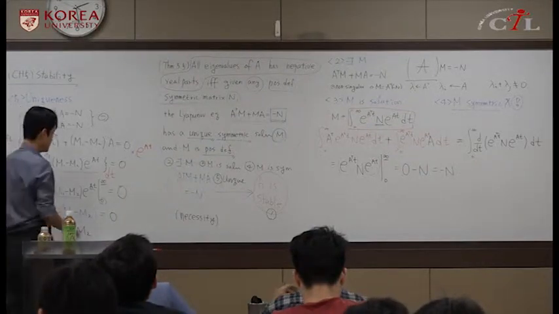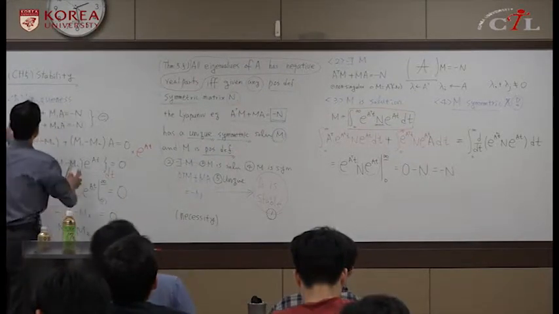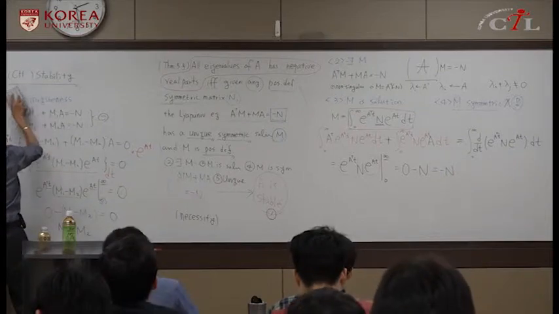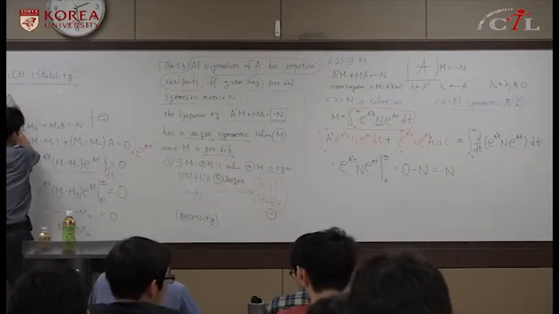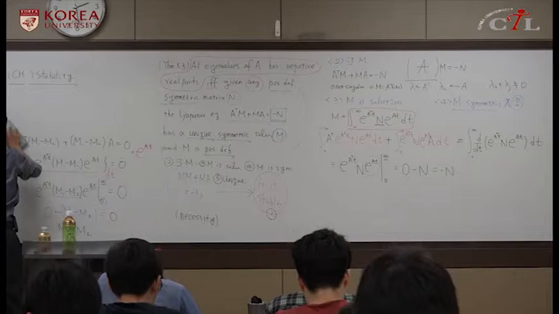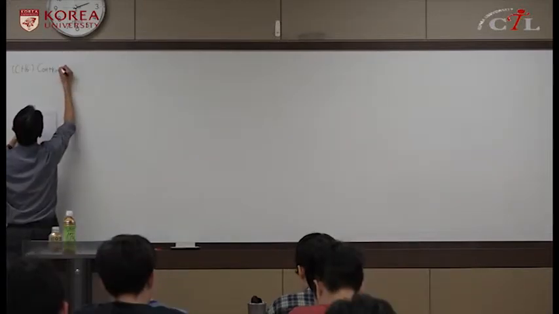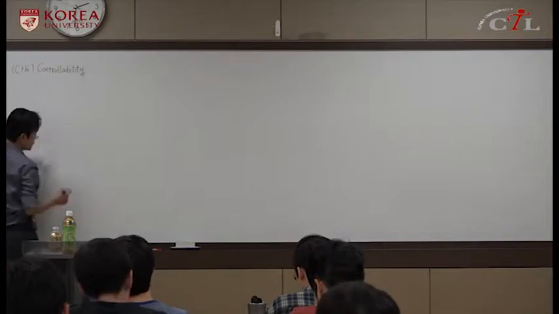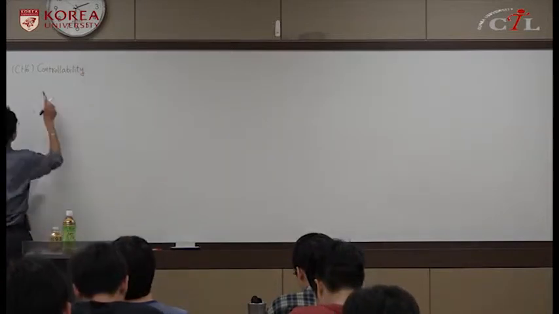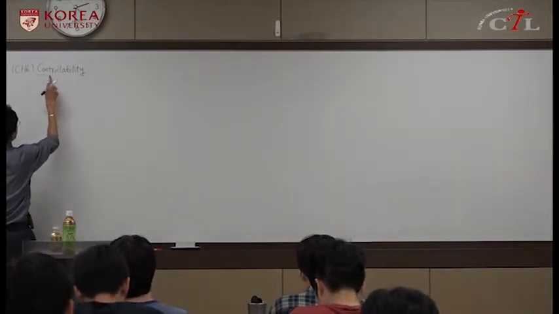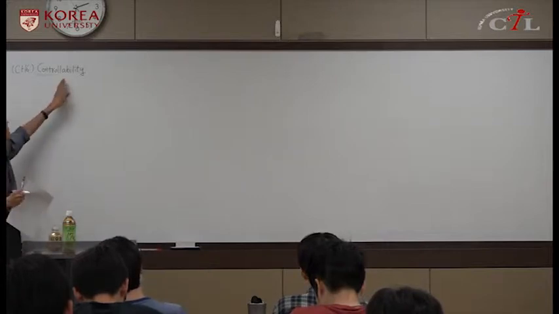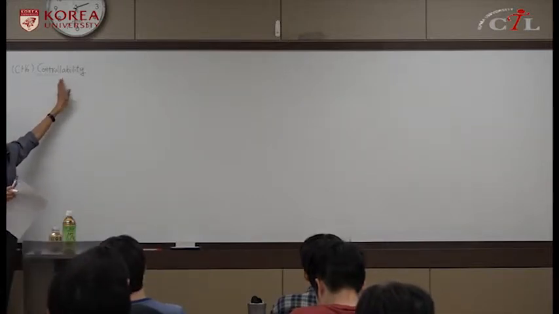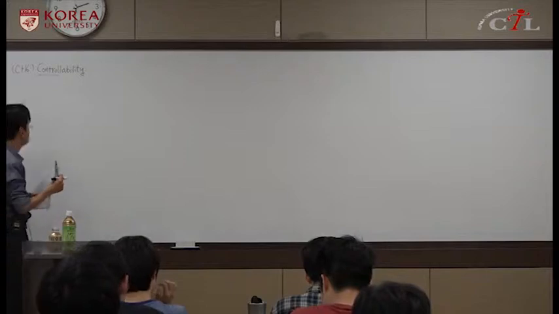Chapter 6 is controllability and observability. Controllability means control: whether I can do the control or not. Controllable or non-controllable.